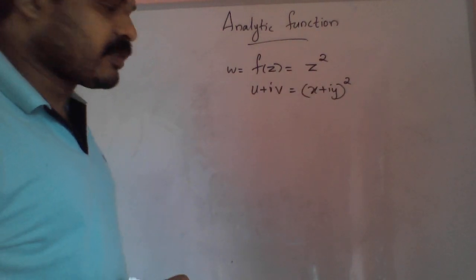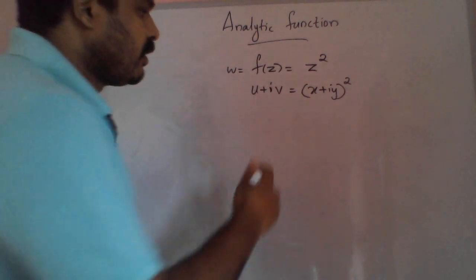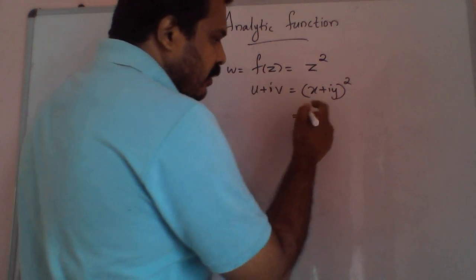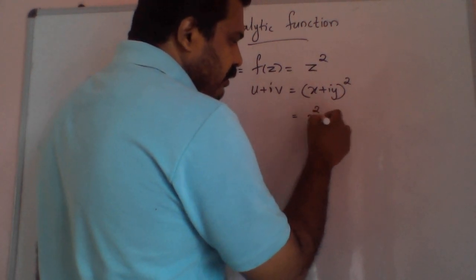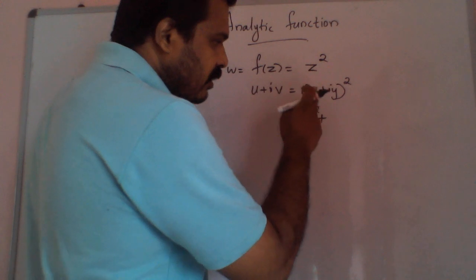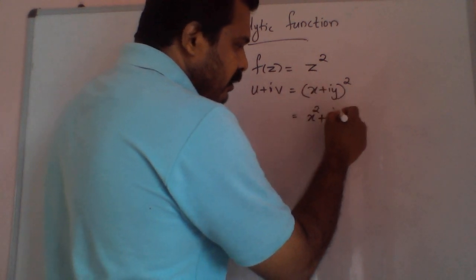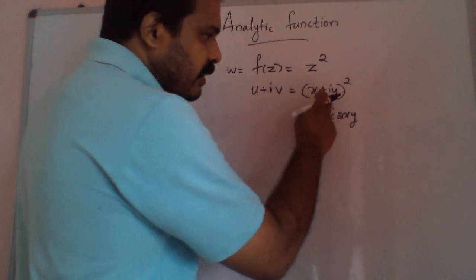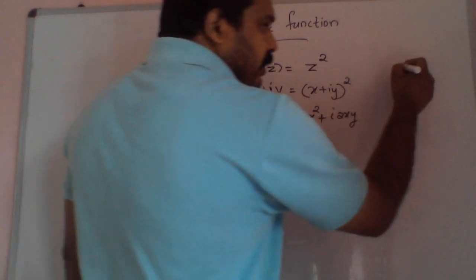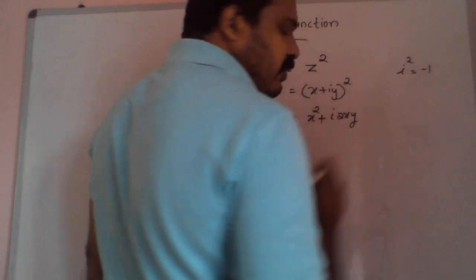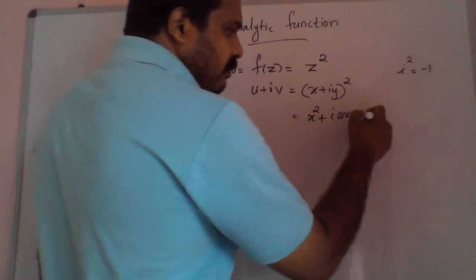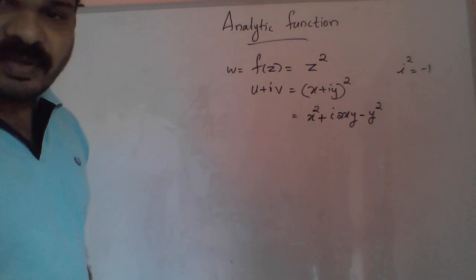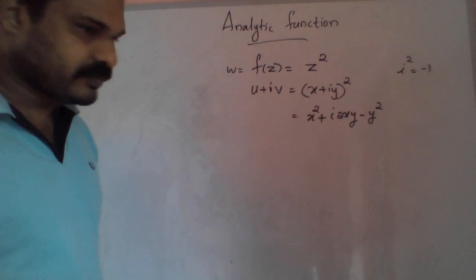We have a plus b the whole square is a square plus 2ab plus b square. 2ab is 2x into iy, that is i 2xy, plus b square, that is iy square. We have i square is minus 1. So iy square is minus y square. So we get x square plus 2ixy minus y square.